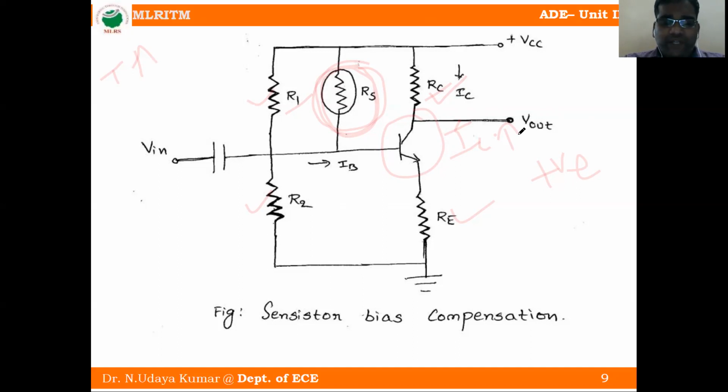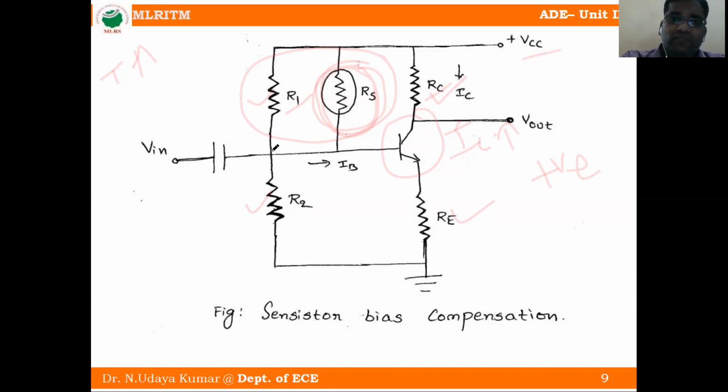If temperature increases, the equivalent resistance of the parallel combination of R1 and RS also increases because it is a positive temperature coefficient. Temperature increases, resistance increases. If resistance increases, this whole combination's resistance also increases. Hence the base voltage VBE decreases, because it is VCC minus this voltage.